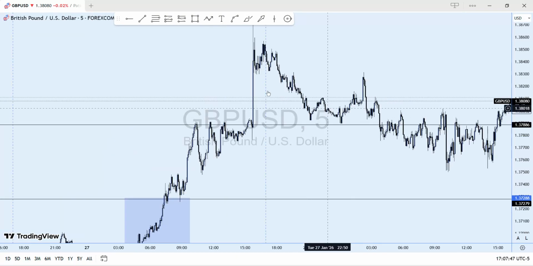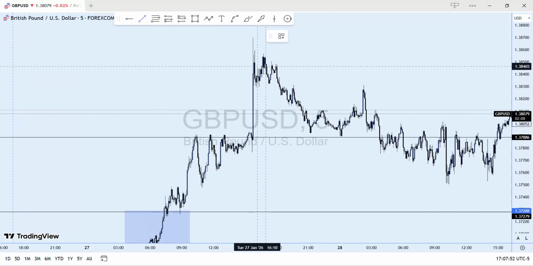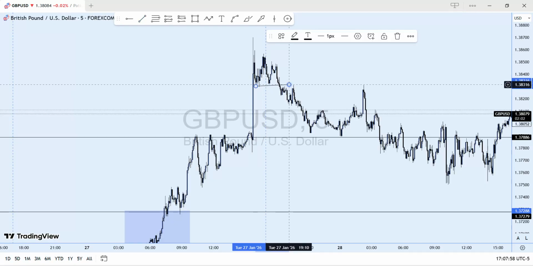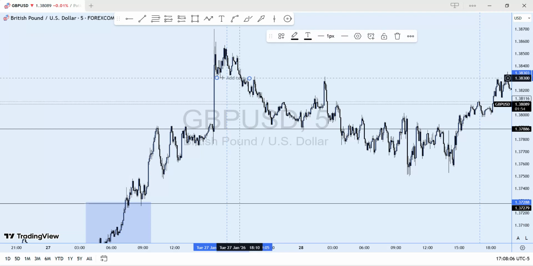But after everything, I just found out that there was a low here which the market broke coming down. So I was actually waiting to buy yesterday, right?